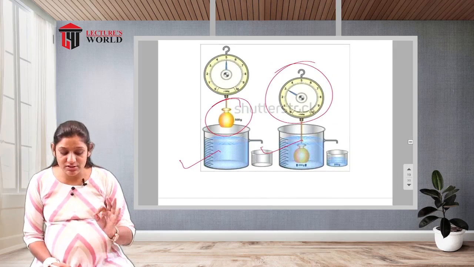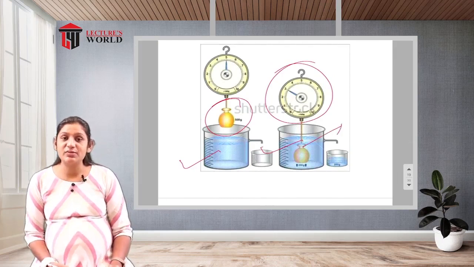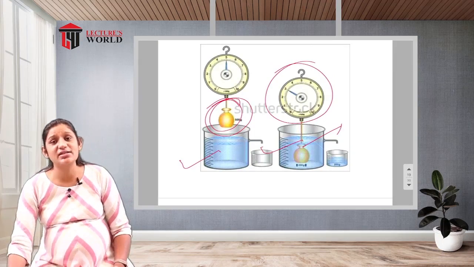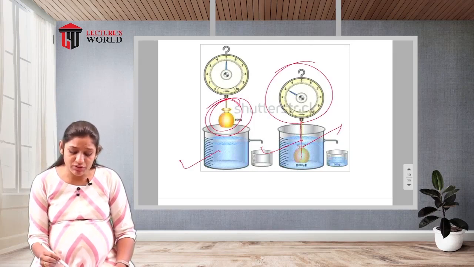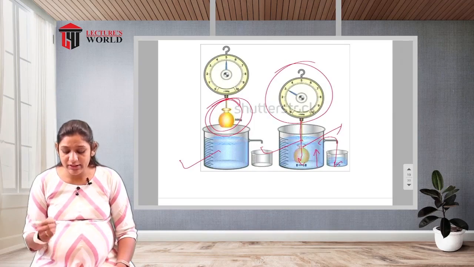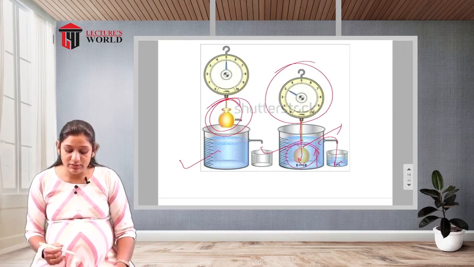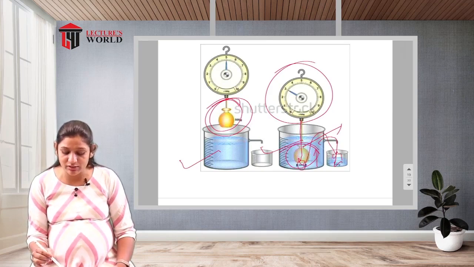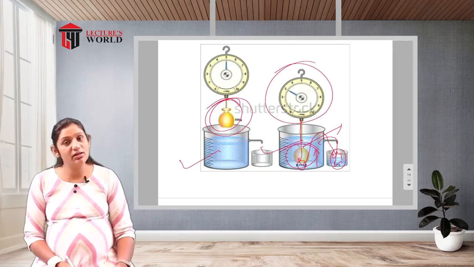Just understand the example: in water the gravitational force is different, and in air it is different. Whenever it is put down into the water, buoyancy acts according to the gravitational force. Here this is 500 gram, this is 200 gram. The 200 gram of water displaced appears as the upward force, called the buoyancy force.